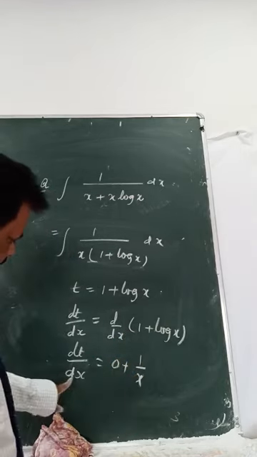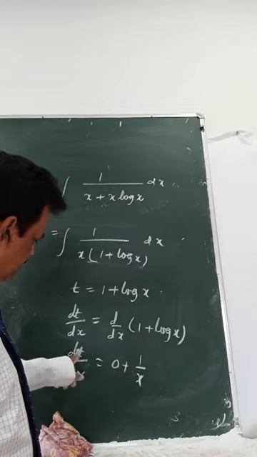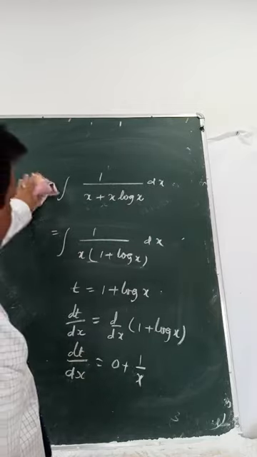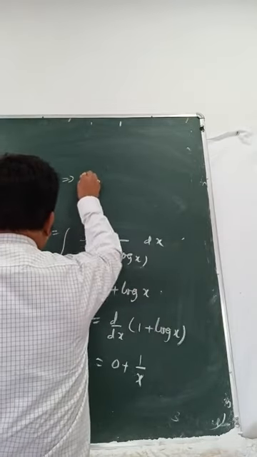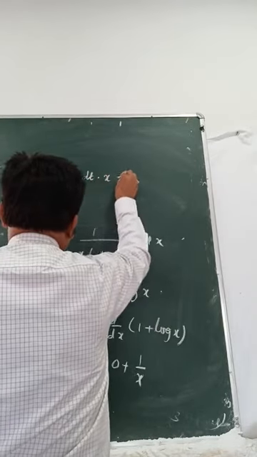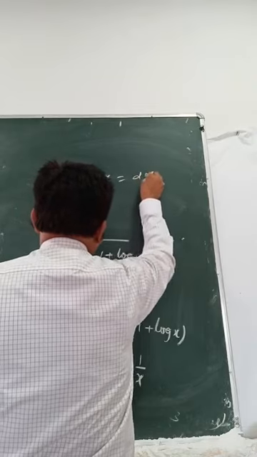Find out dx. dx will go here, x will come here. So this implies dt into x equals to dx.